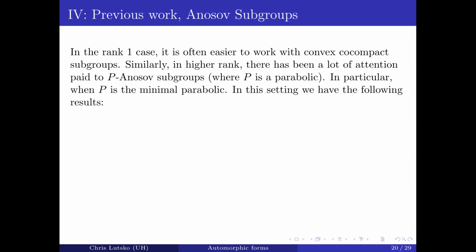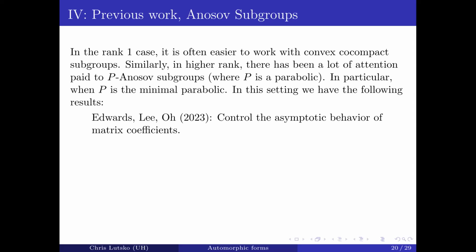In particular, Nossoff subgroups are associated to some parabolic subgroup. In higher rank, there are much more parabolic subgroups, and the minimal one is just the upper right-hand triangle.